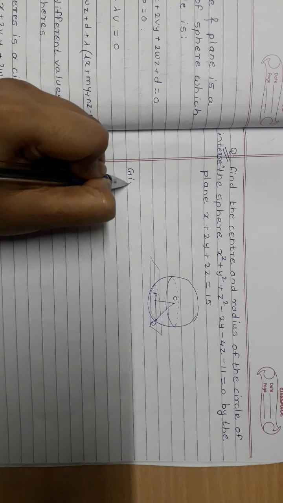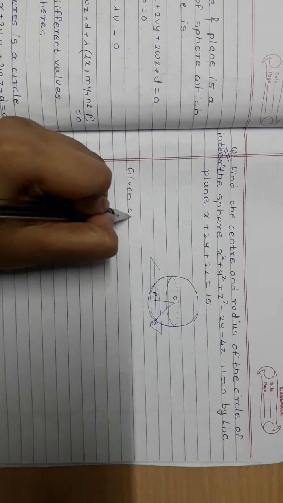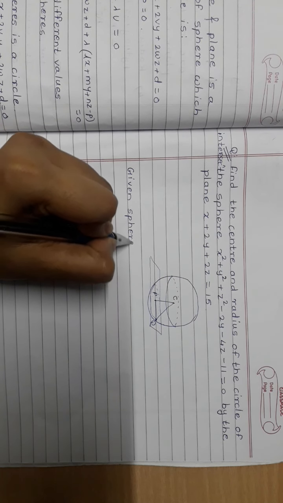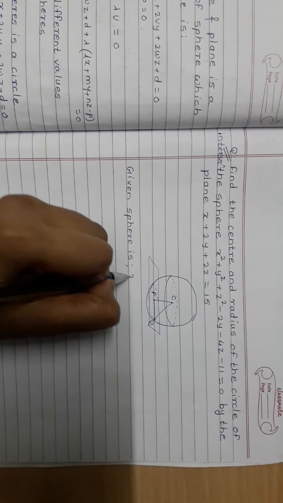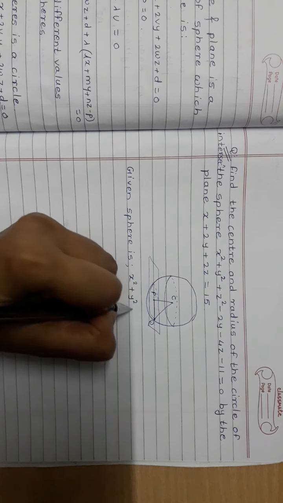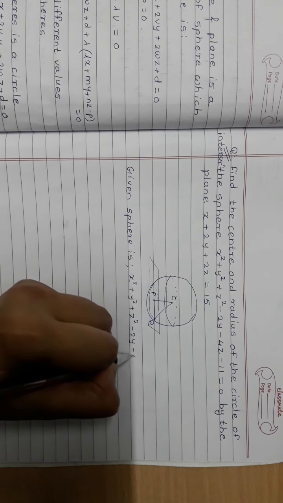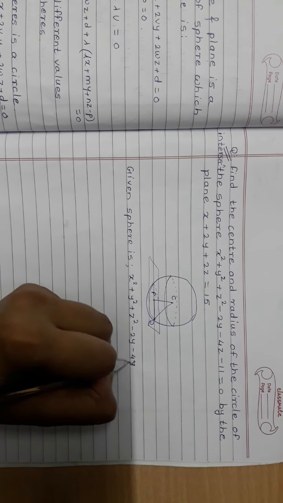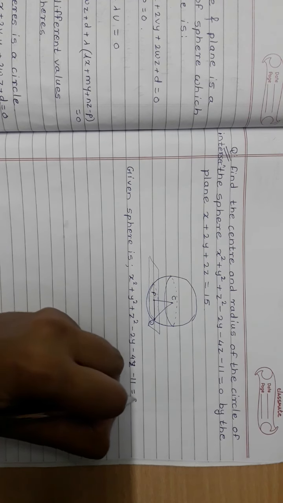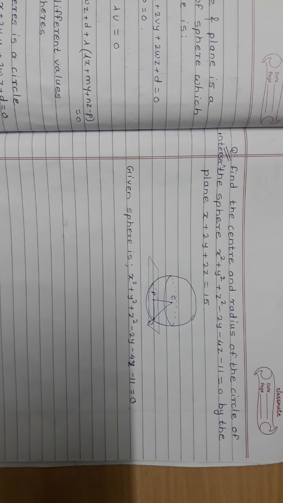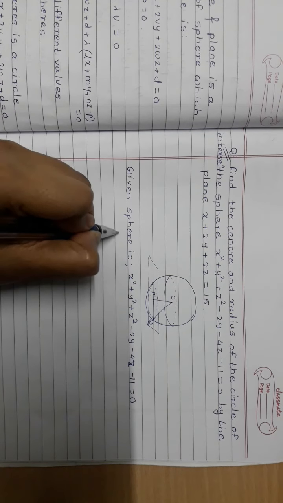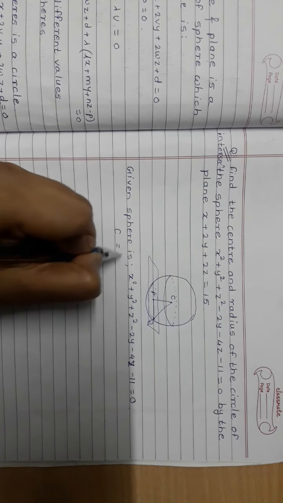So what is the given sphere? The given sphere is x square plus y square plus z square minus 2 times y minus 4 times z minus 11 is equal to 0. Now from this equation I can figure out what must be the center.